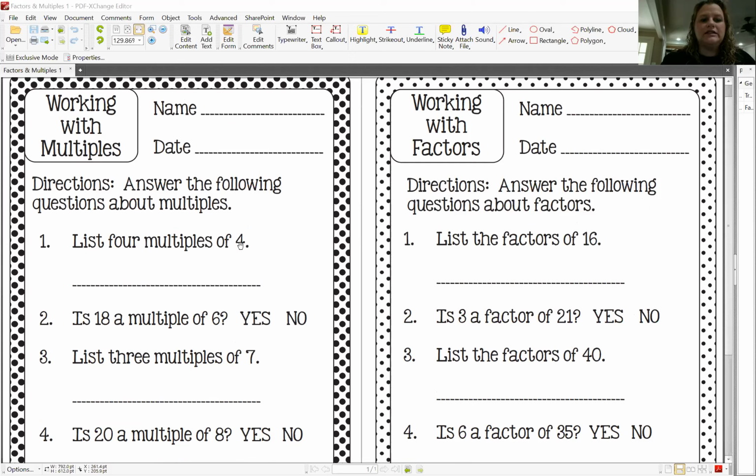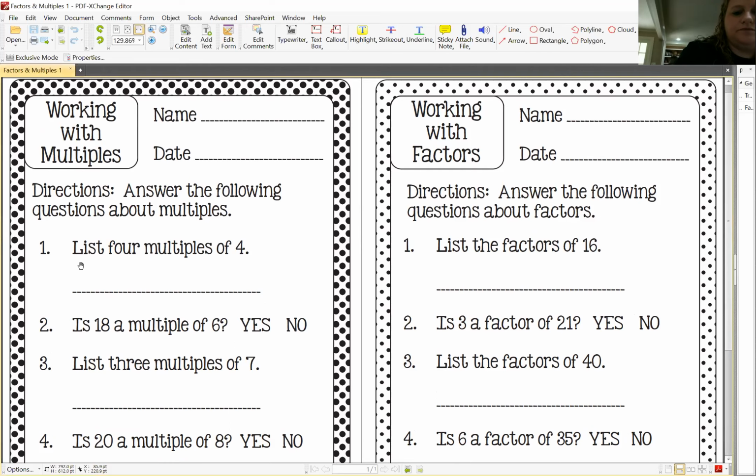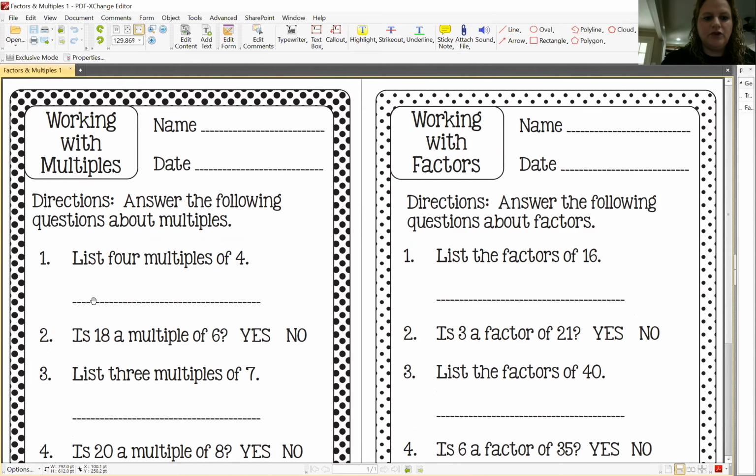So this says list 4 multiples of 4. So the first 4 multiples. You would do 4 times 1, 4, 4 times 2, 8, 4 times 3, 12. And you would just list them as 4, 8, 12, 16. Is 18 a multiple of 6?